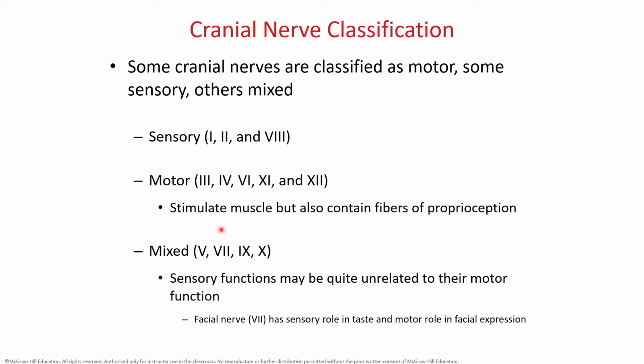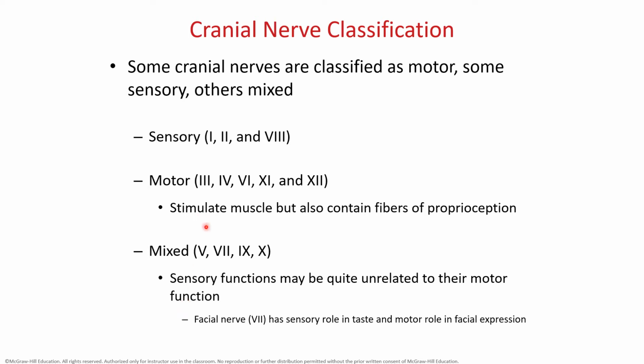The motor nerves are 3, 4, 6, 11, and 12. Those are purely motor. We also have mixed. Our mixed cranial nerves are 5, 7, 9, and 10.